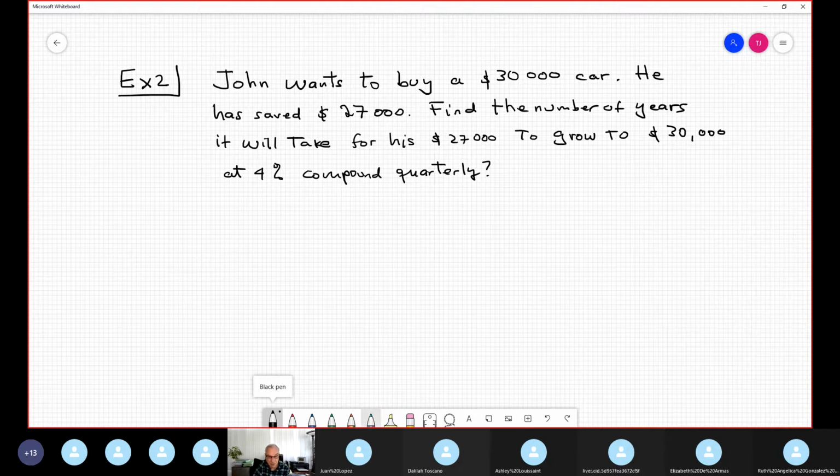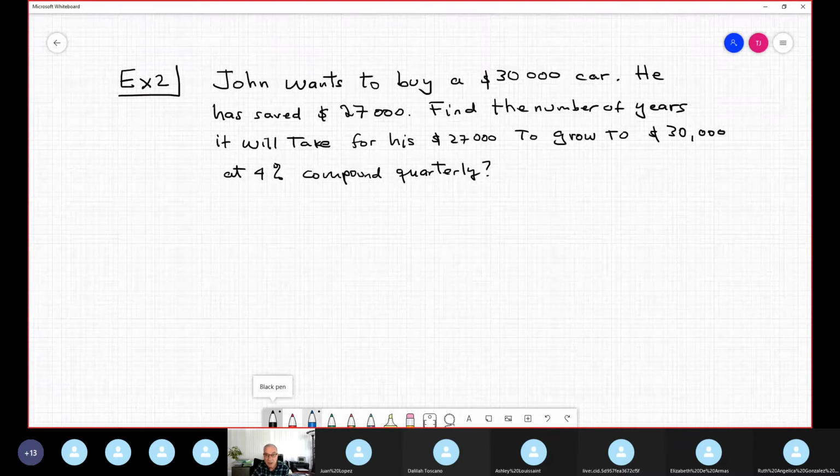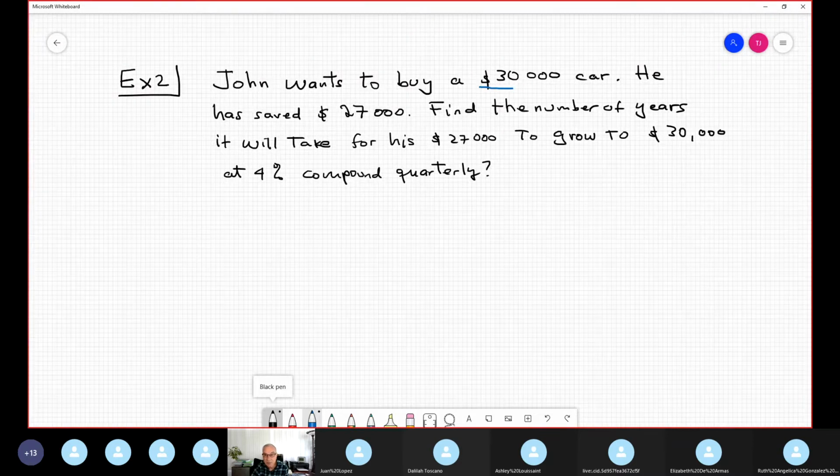Okay, I am totally lost, but I try to collect the data, the information. I suppose that this is the future value, yes or no? Because it's the money that he wants in the future. And the present is the money that he has now, today, saved: 27.